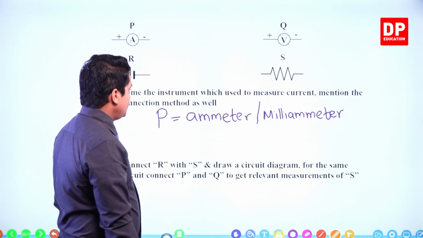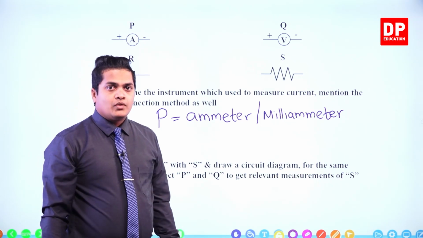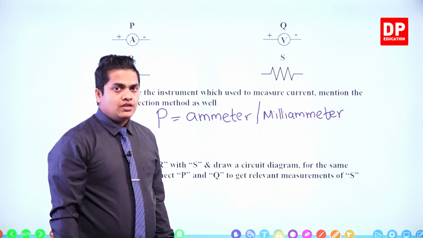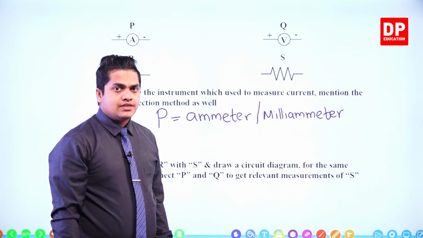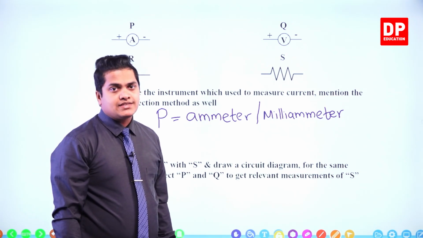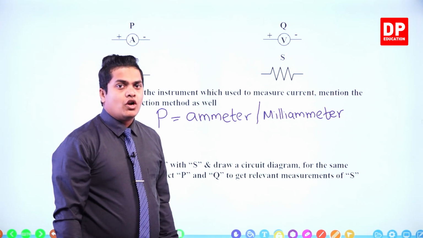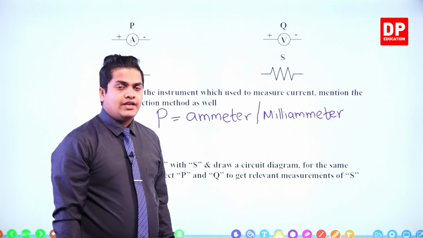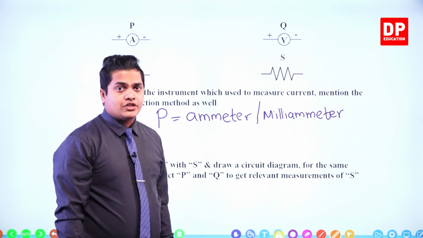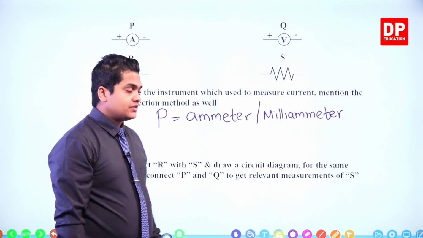Ammeter or milliammeter. Then you have to mention the connection method. To measure current in a circuit, the ammeter should be connected in a series connection, my dear children. The voltmeter should be in a parallel connection and the ammeter should be in a series connection to measure the current.